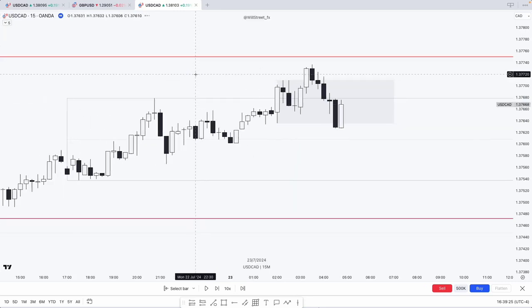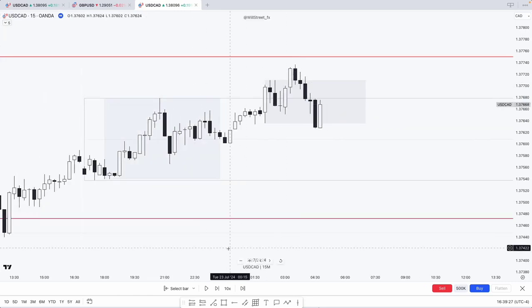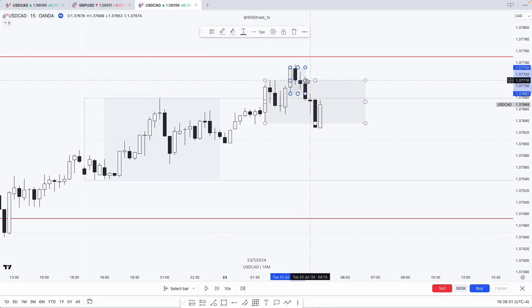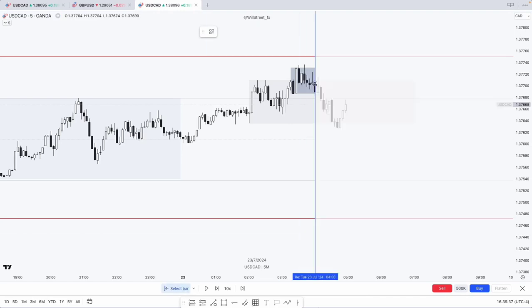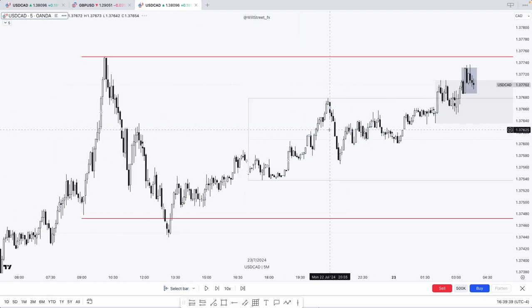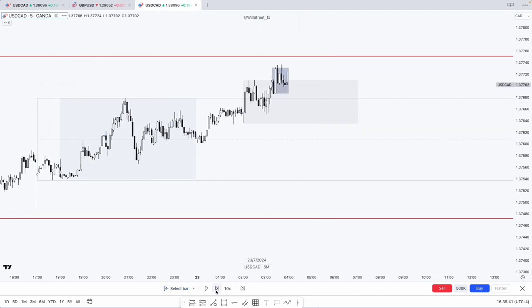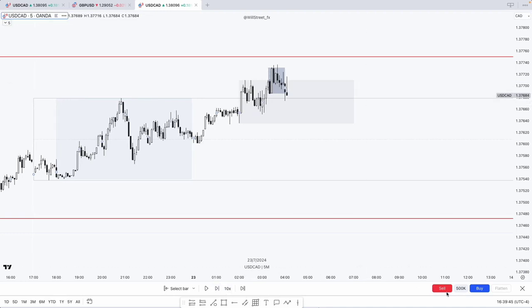So let's find an entry. Like this. So we want to break below an order block.